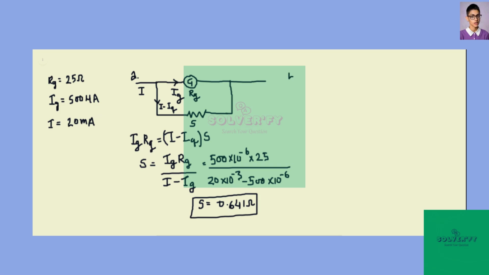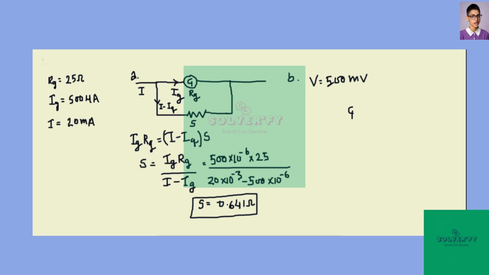Now for the second part, how can we convert the galvanometer to a voltmeter reading 500 millivolts full scale and compute the series resistance? So to do that, we have to measure a voltage V of 500 millivolts. But again we cannot send a current more than Ig through the galvanometer.